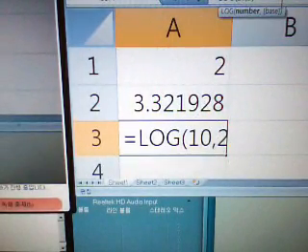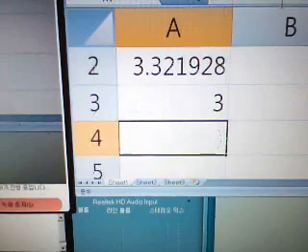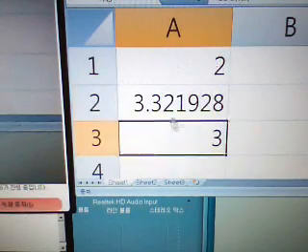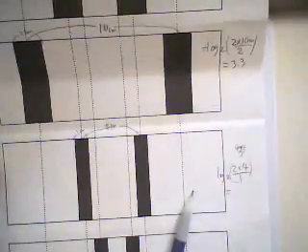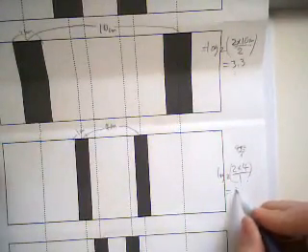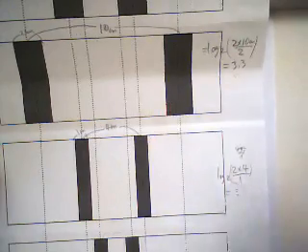This case is log base 2 of 8, so it's 3. So the index of difficulty for this is 3.